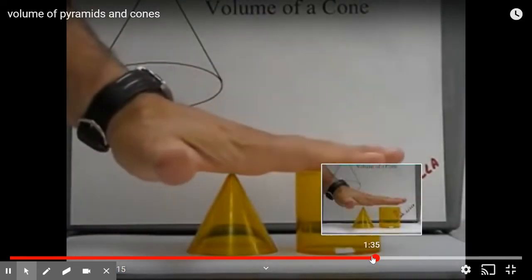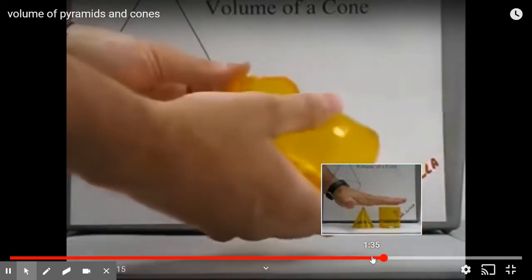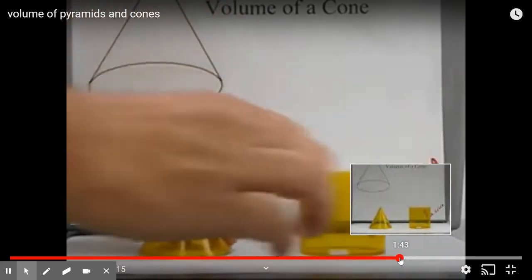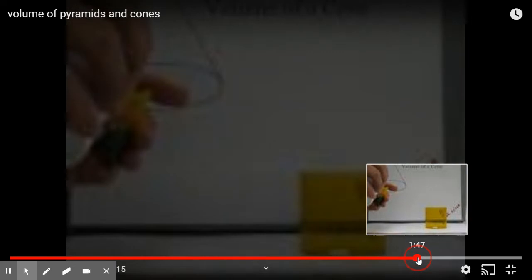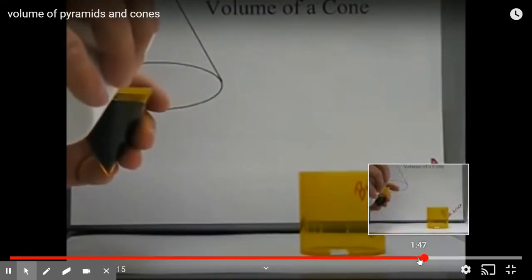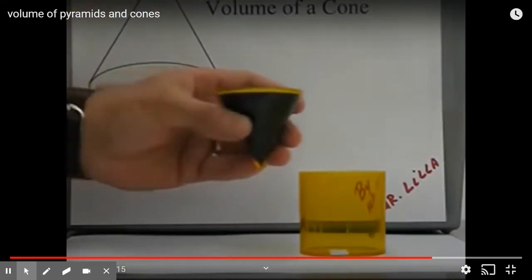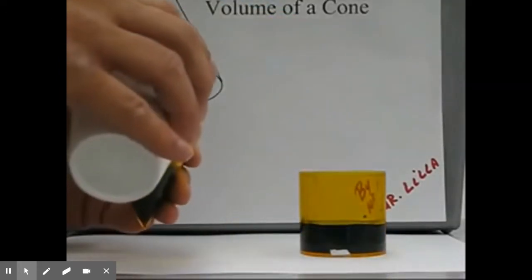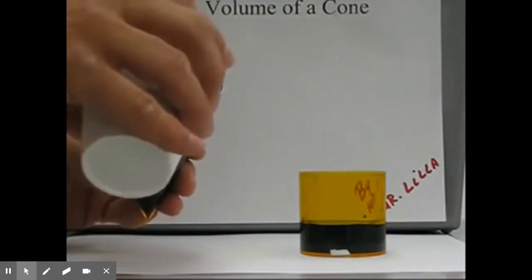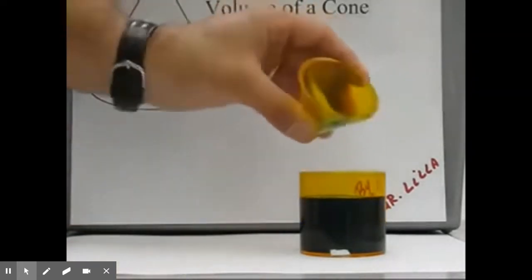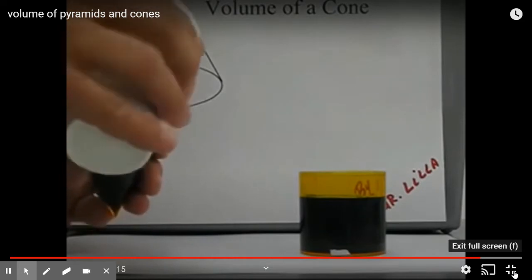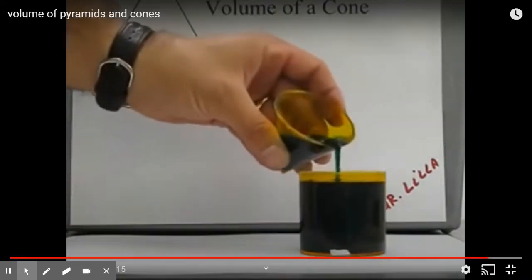What about for cylinders and cones? Same base again. Same height. And we're going to fill it up once. Twice. And it looks like 3 times fills it up exactly.